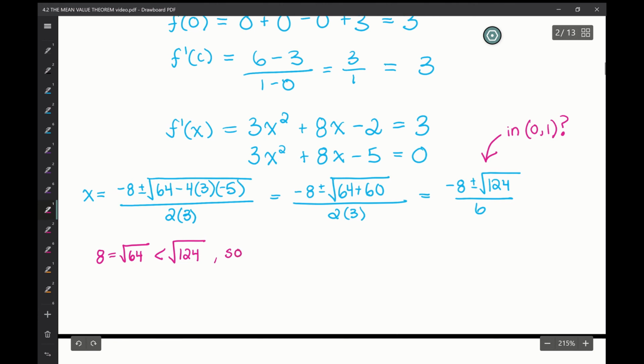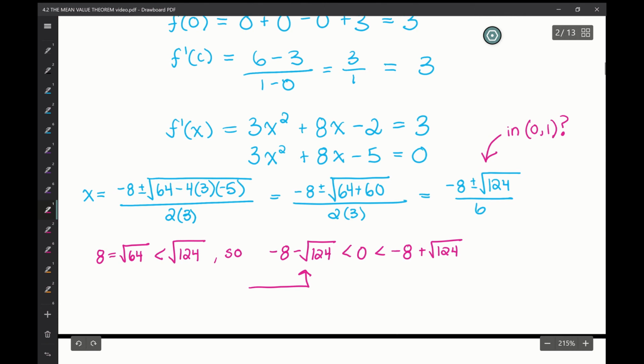So if we have a negative 8 minus a root 124, that means that we are definitely going to be less than 0. And if we have a negative 8 plus the square root of 124, that's definitely going to be greater than 0.